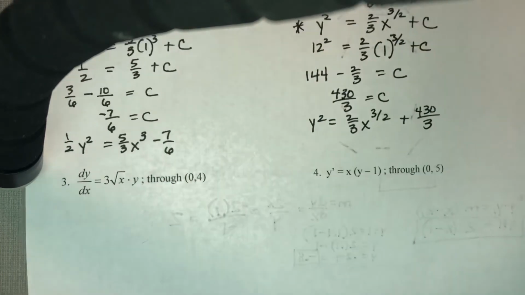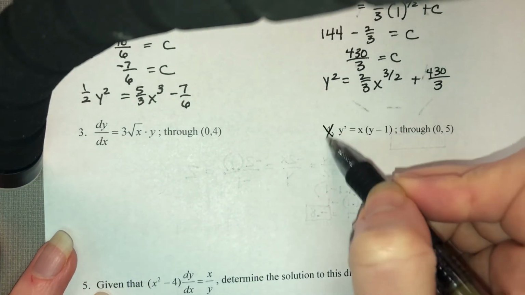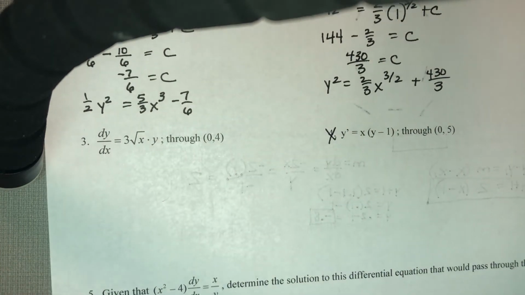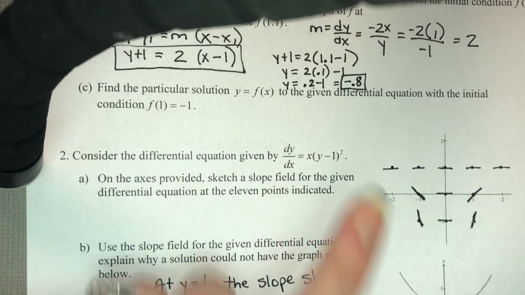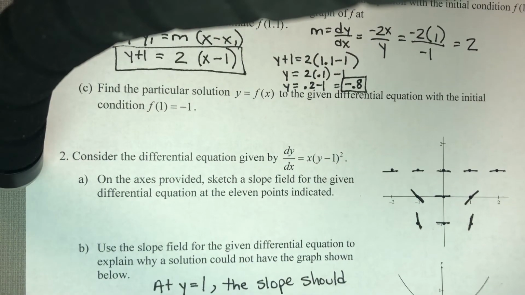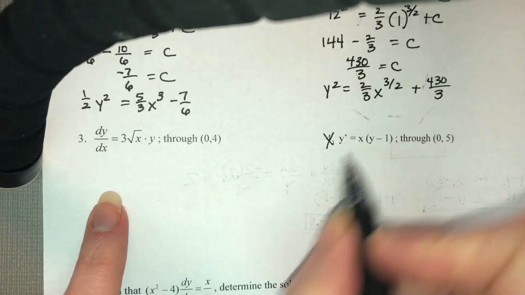Okay, let's take a look at number 3. And we're going to skip number 4 because it is a whole lot like this problem, except for maybe a little easier. But you would want to write that as dy dx, by the way.